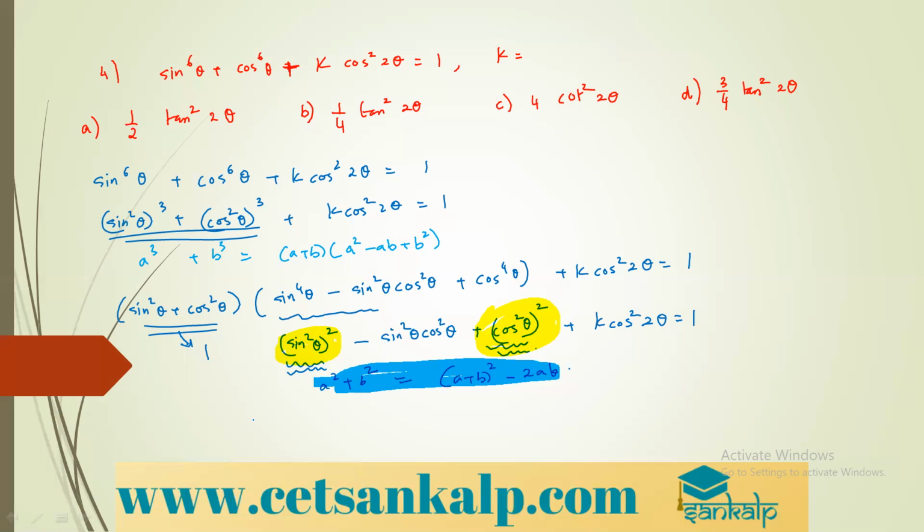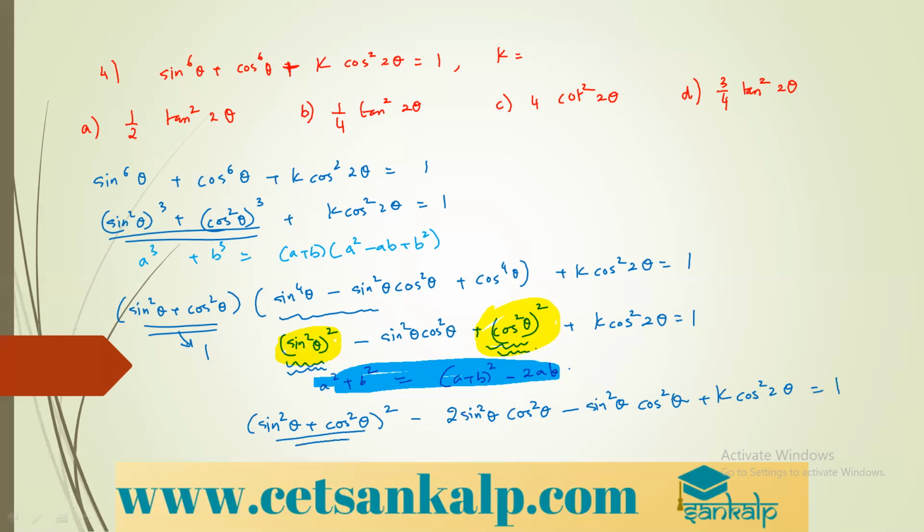So for these two, I will write (a plus b) whole square minus 2ab. Then I have minus sine square theta cos square theta, and then plus k cos square 2 theta equal to 1.